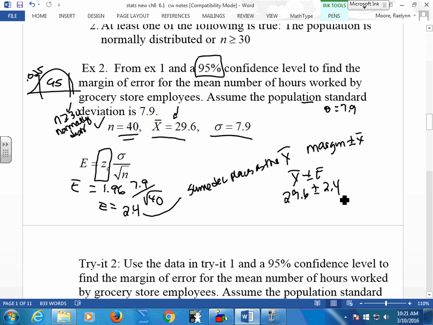This is going to build your confidence interval so that you can be 95% confident that your population mean of all the hours worked by all grocery store employees will fall between these two numbers. So you subtract 2.4 and you get 27.2, and you add 2.4 and you get 32.